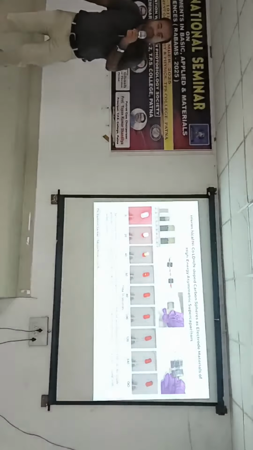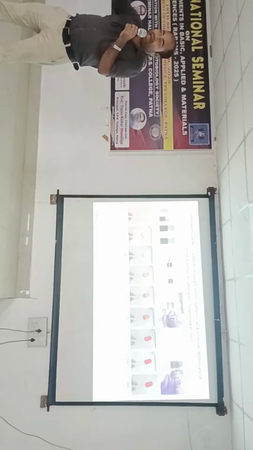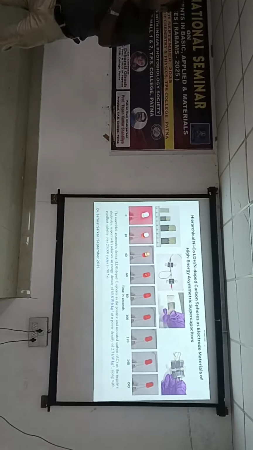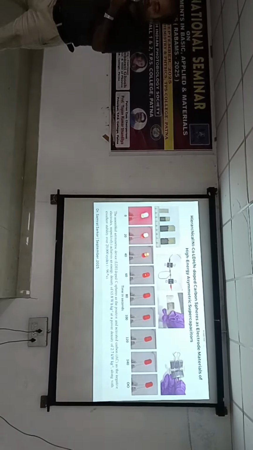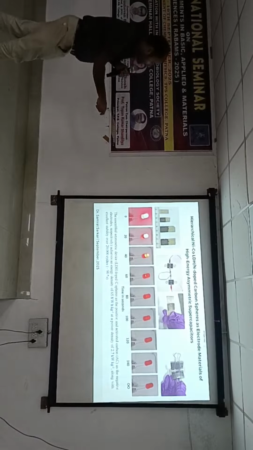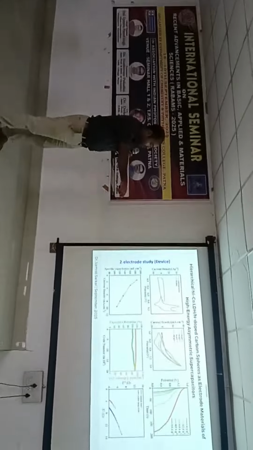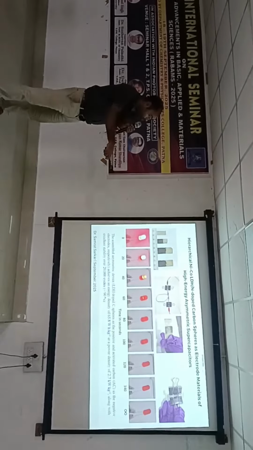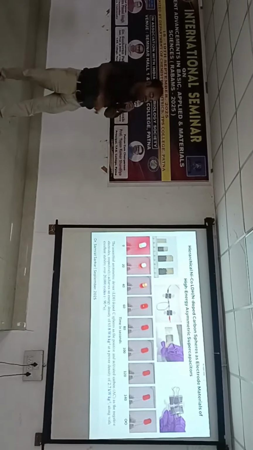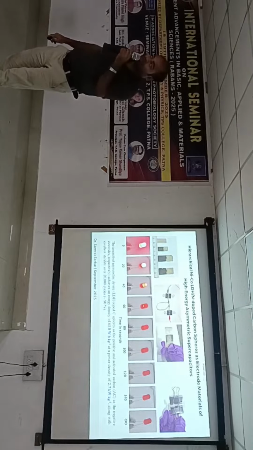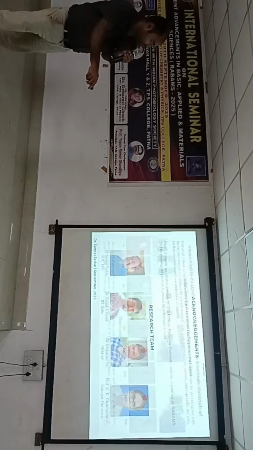And this is at the upper range of the energy and power densities that are reported in the literature. And also the stability is very good. After 20,000 cycles, it retains about 90% of the specific capacitance.